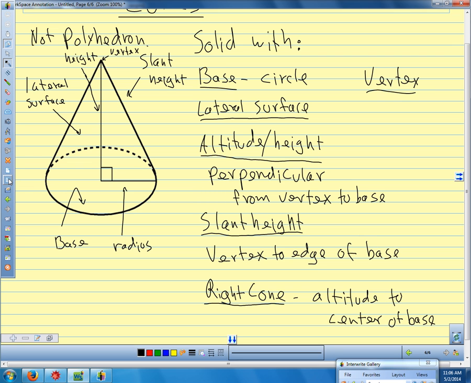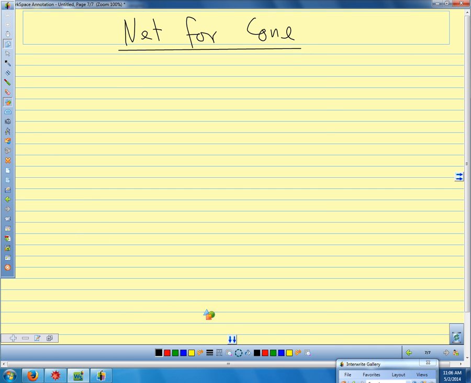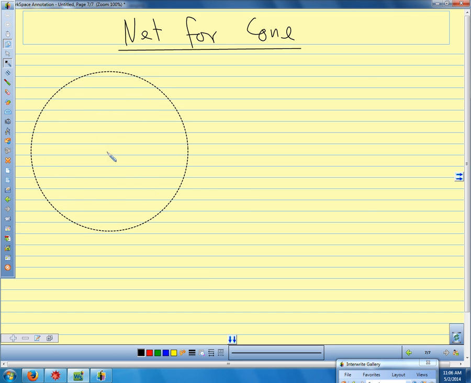Okay. Net for a cone. So the net for a cone is kind of an interesting shape. What I'm going to do first is draw a dotted line circle. And what we do to make a cone is we cut out a piece of this circle.